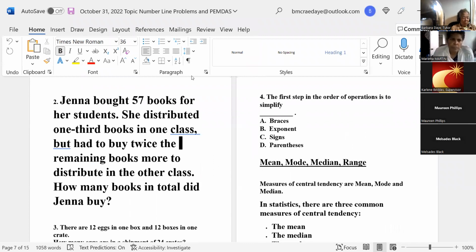I want you to figure this out and tell me how many books total Jenna bought. Do you have to choose the answer? No, you have to give me an answer.